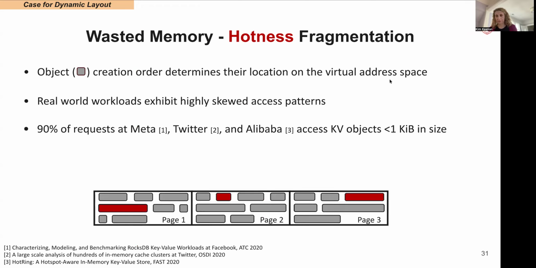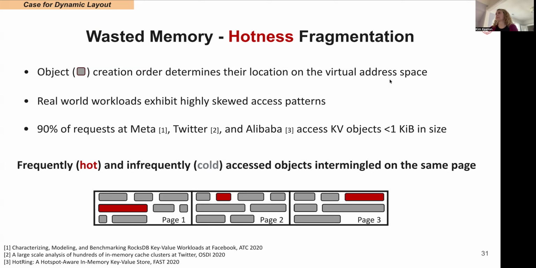But real-world workloads, as we've seen from multiple papers in the past, exhibit highly skewed access patterns. And multiple papers from Meta, Twitter, and Alibaba show that object sizes are also quite small, the majority less than 1 KB. So frequently and infrequently accessed objects are intermingled on the same page. This is the definition of the new kind of fragmentation called hotness fragmentation.